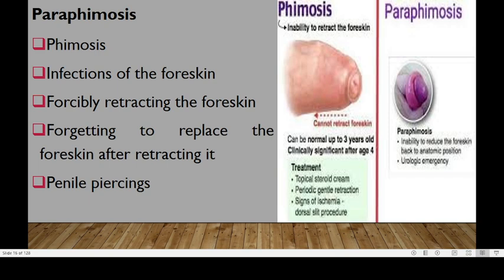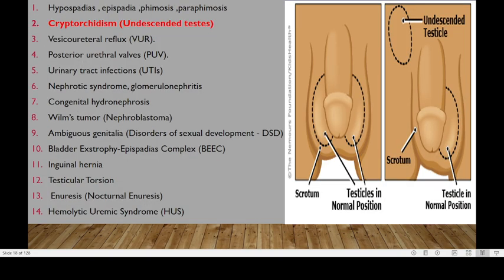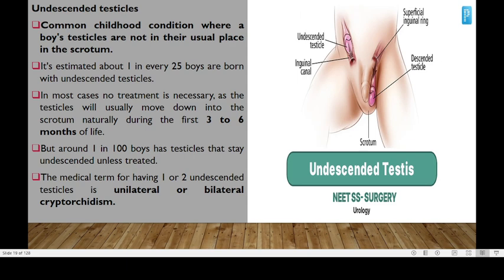Cryptorchidism is also a congenital abnormality, right? Commonly it's referred to as undescended testes. It is a common childhood condition where the boy's testicles are not in their usual place in the scrotum. It is estimated that about 1 in every 25 boys are born with undescended testes.